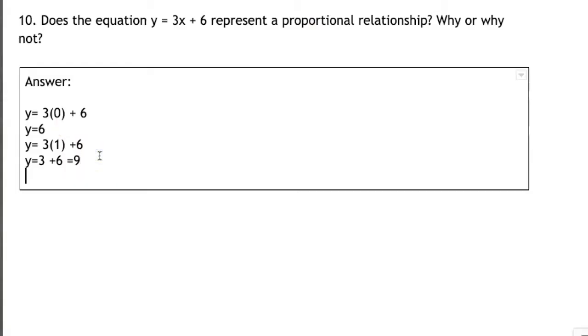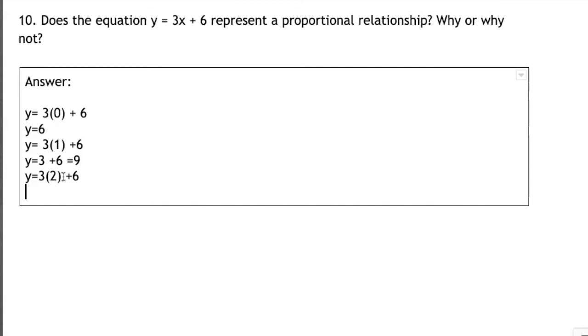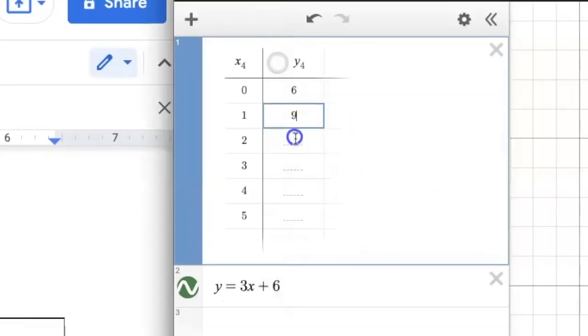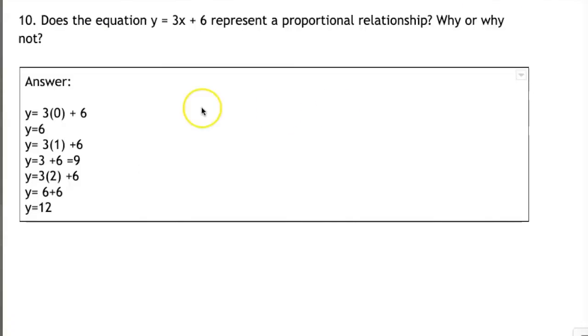And we'll just continue like this. Y equals 3 times our next x, which will be 2. 3 times 2 plus 6. So y equals 3 times 2 is 6 plus 6. So that is y equals 12. Okay.